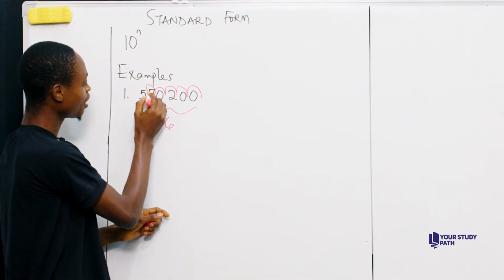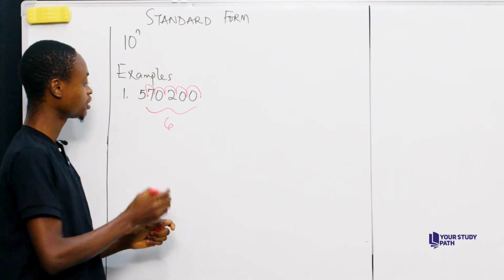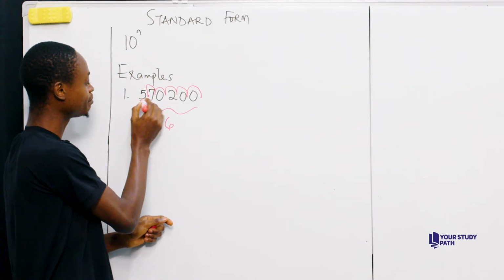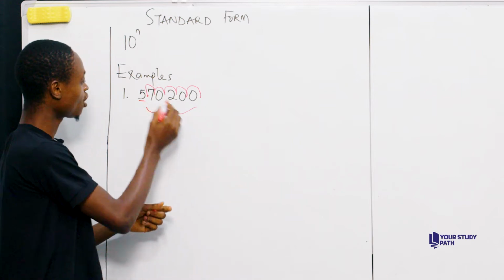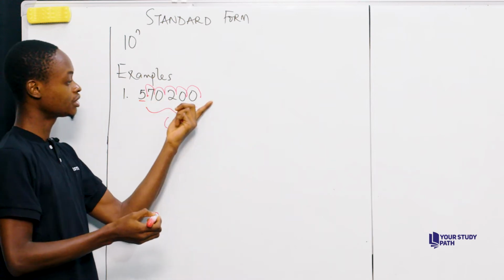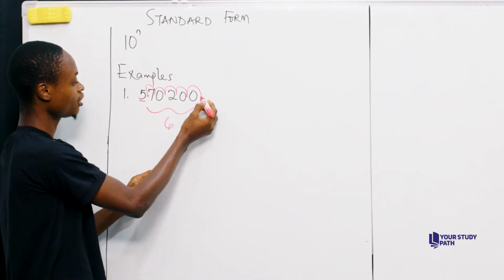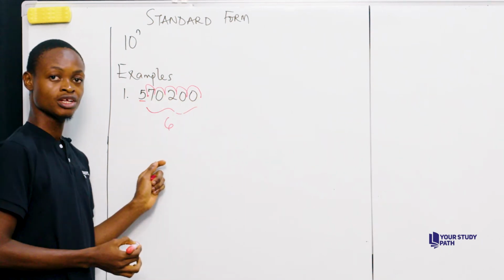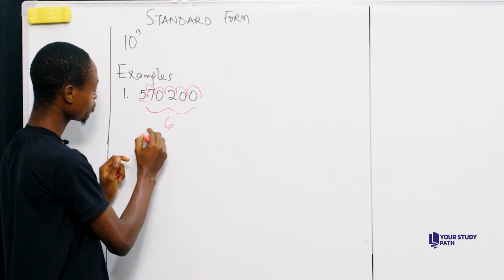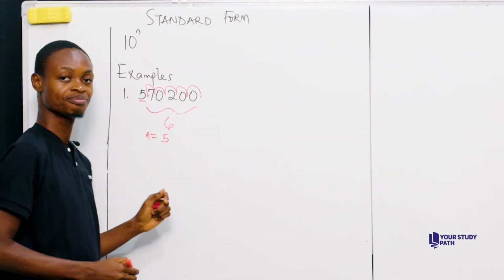Now if the decimal point comes to here, it just means that 5 will be the remaining digit before the decimal point. You have now successively moved this decimal point 5 times: first, second, third, fourth, fifth. So that means that n would be equal to 5.